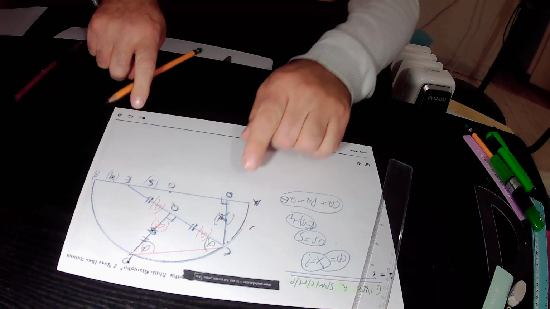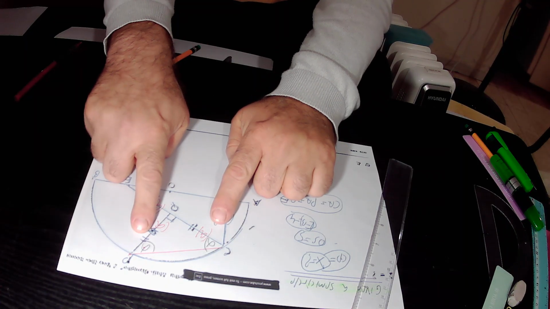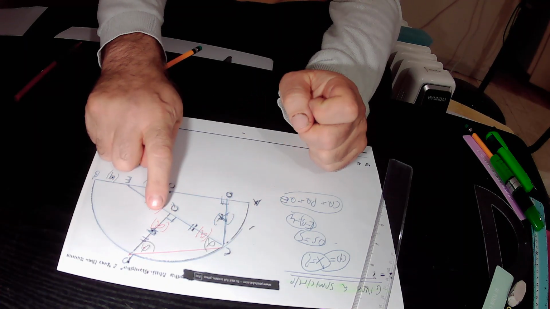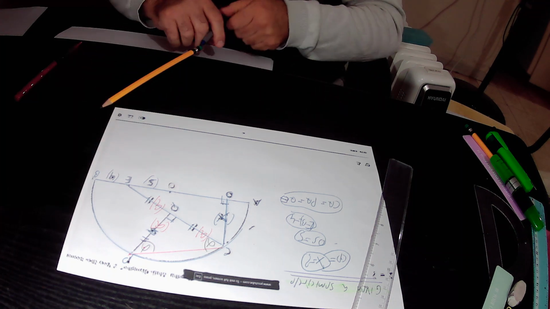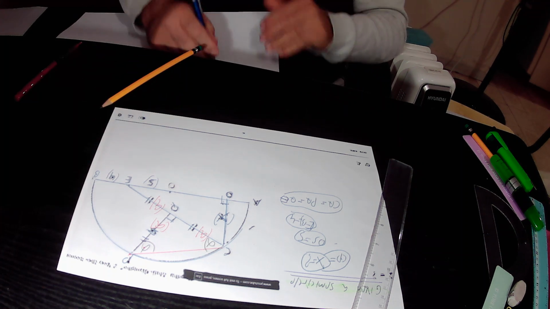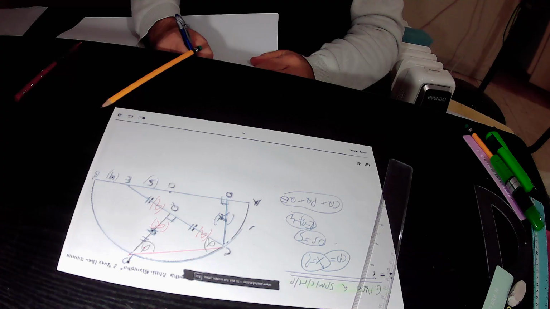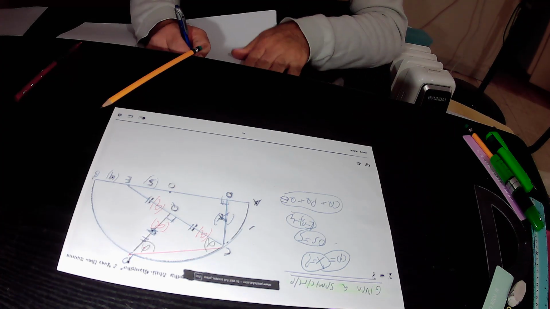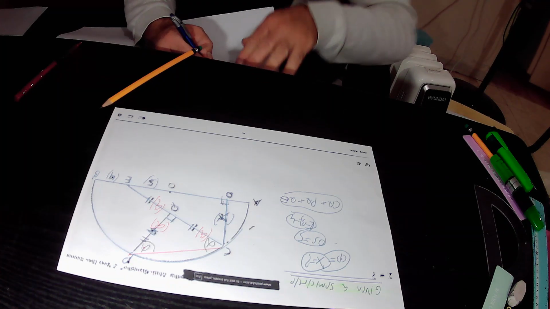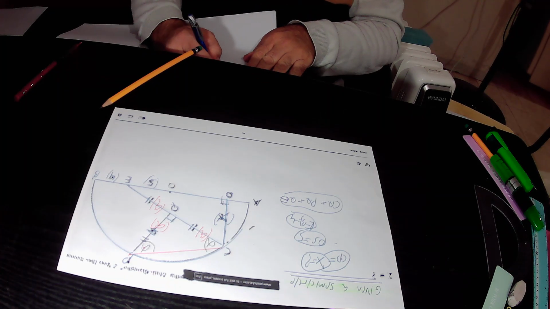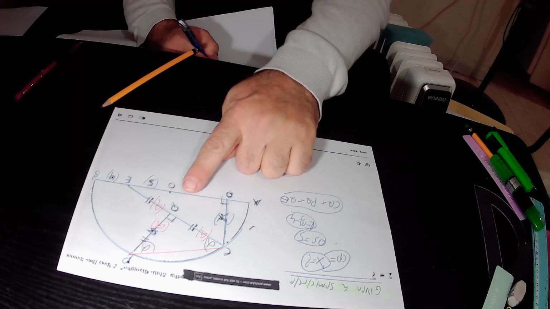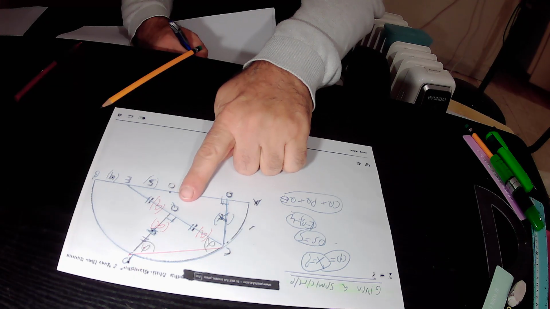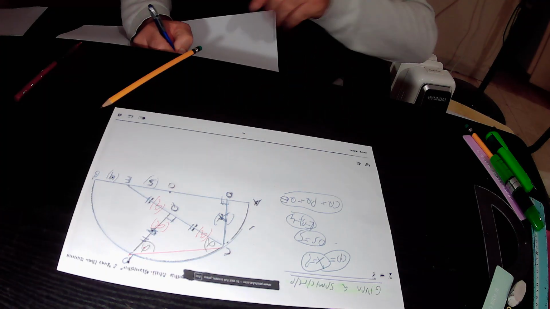That is to say, alpha plus alpha is 2 alpha, plus this angle, which is the right angle, 90 degrees, and the total must be equal to 180 degrees.